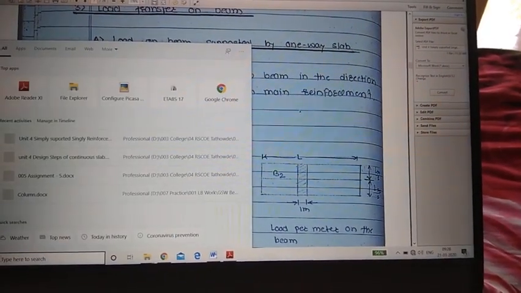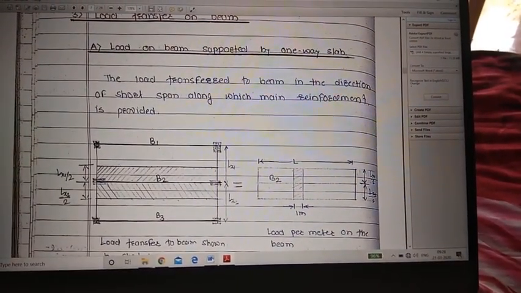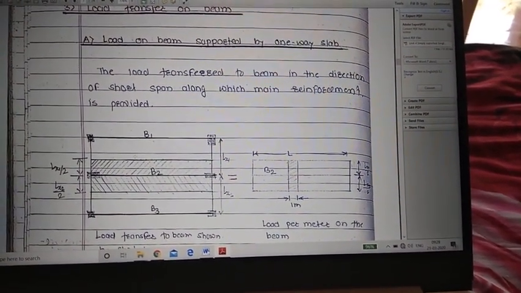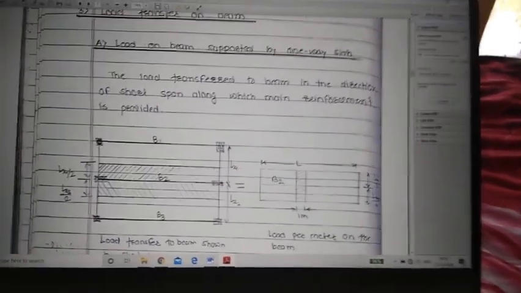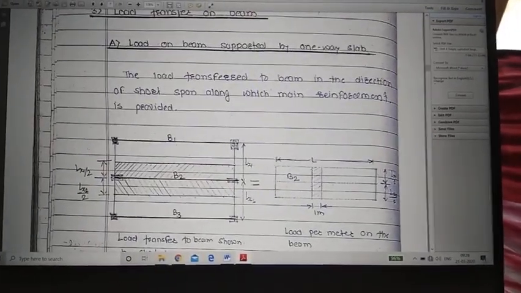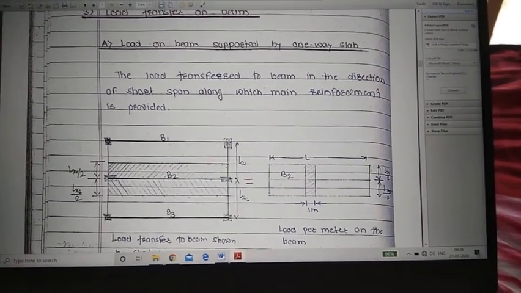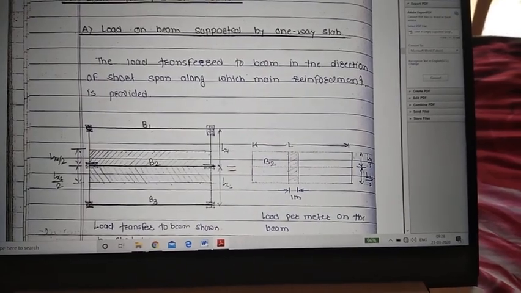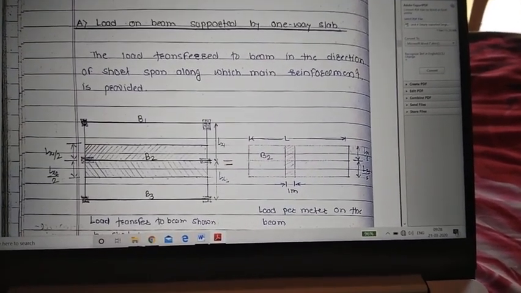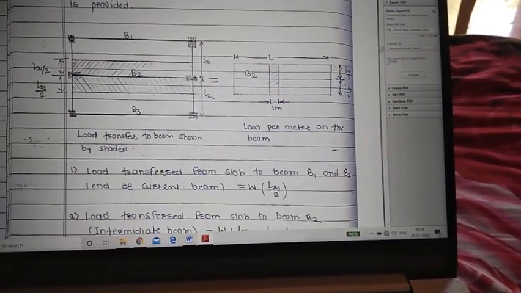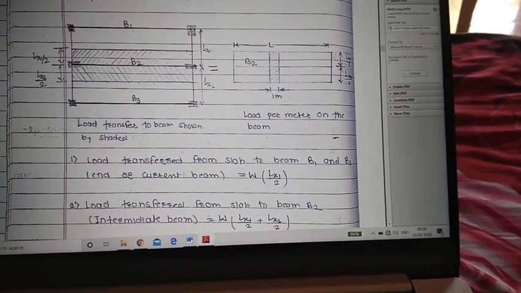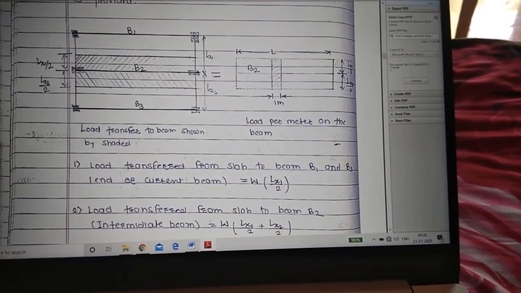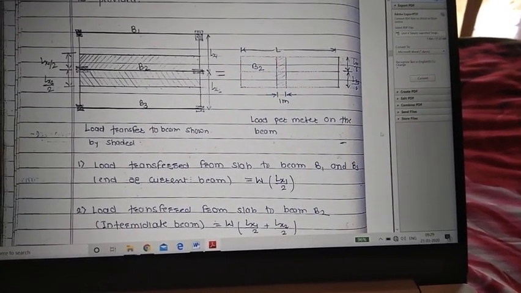Okay, this rectangular portion is considered to transfer the load from slab to beam. Now here we are calculating the load transfer from slab to beams B1, B2 and B3. So the load transfer from slab to beams B1 and B3, the end or outer beams, is W into Lx by 2.